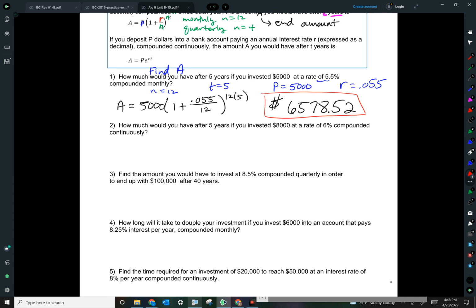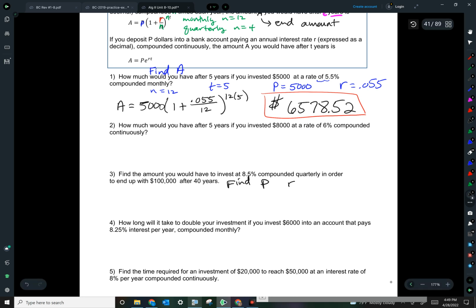So skip down to number 3. Number 3 says, find the amount you would have to invest. So they're saying find what? Find P, right? The beginning amount. Okay, what are they giving us? Find the amount you would have to invest at 8.5%.